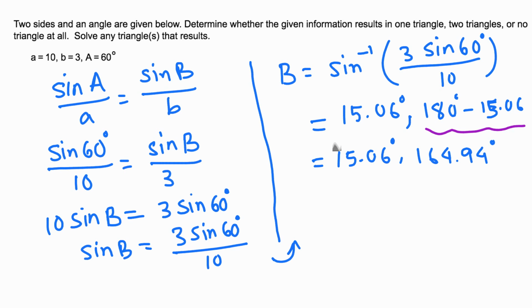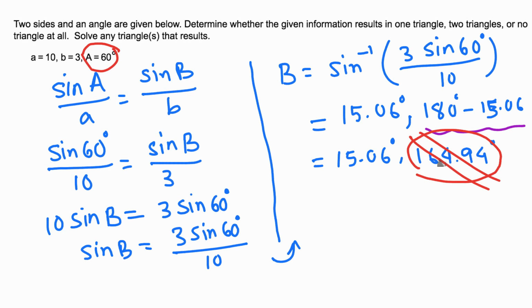In a triangle the sum of the 3 angles is 180. It's given that A is 60, and now if we think B is 164.94, if we add these two angles, then the sum is already bigger than 180. So this angle is not the case.